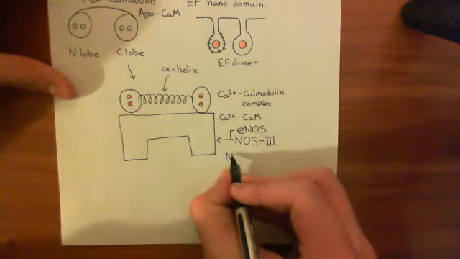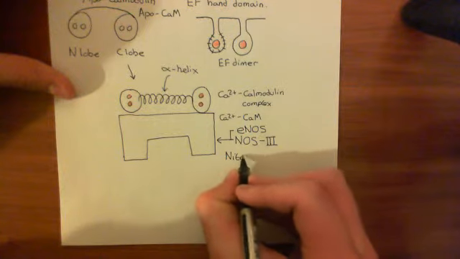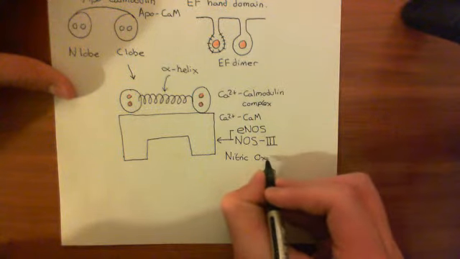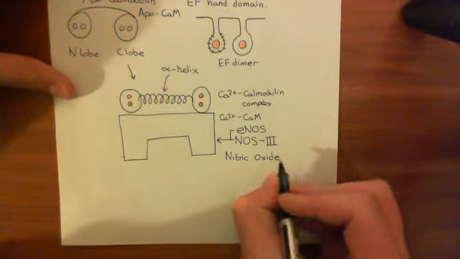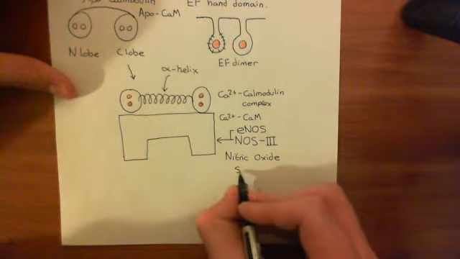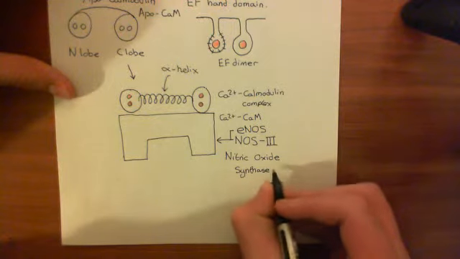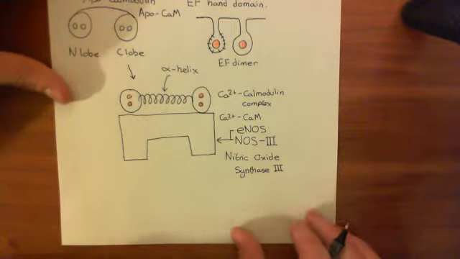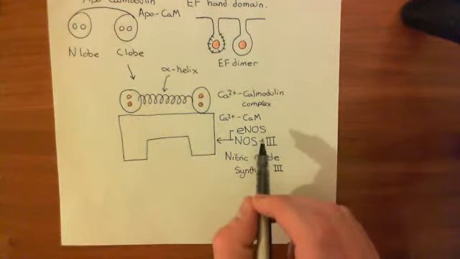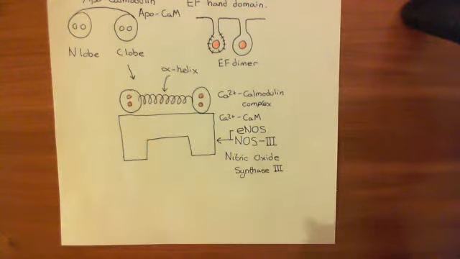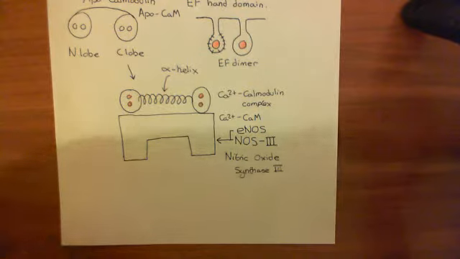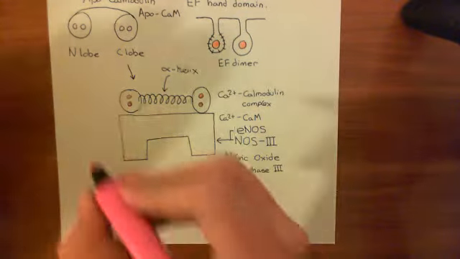So, NOS3 then stands for nitric oxide, which is the endothelium-derived relaxation factor, synthase, and then it's the third type of nitric oxide synthase. Right, and ENOS just stood for endothelial nitric oxide synthase. So, let's colour this enzyme in because it's so important.